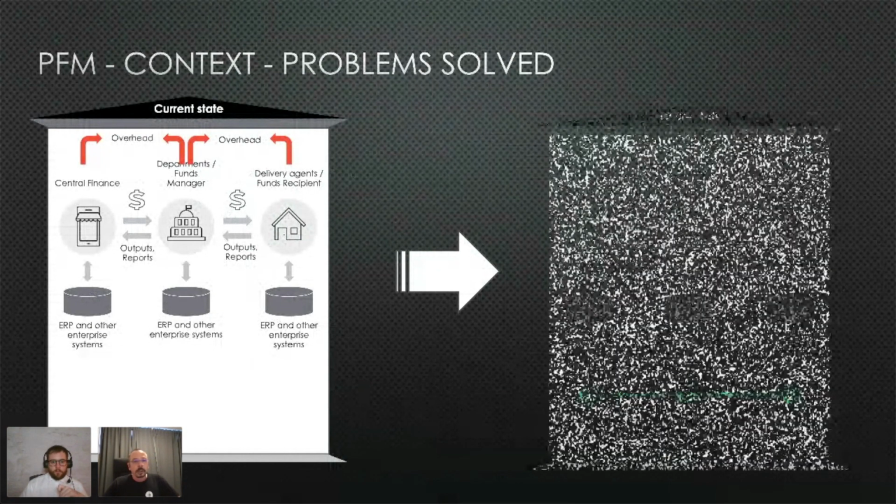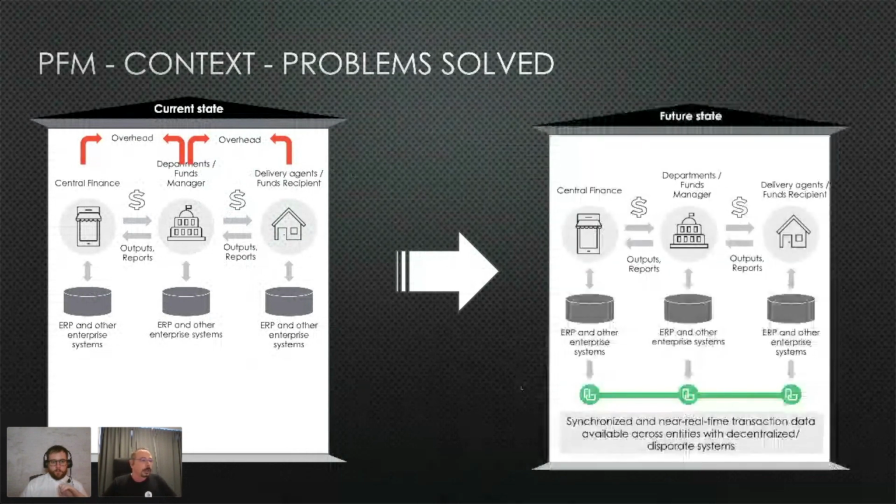So where the blockchain comes in, it's this green line at the bottom here, is our blockchain essentially becomes the single source of truth for the expenditure of money by all these various divisions and departments.